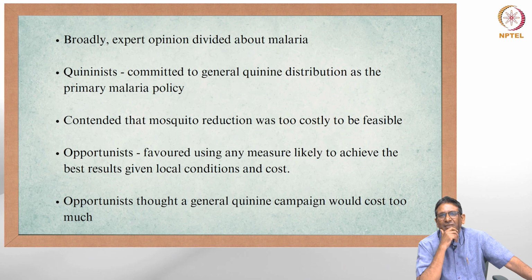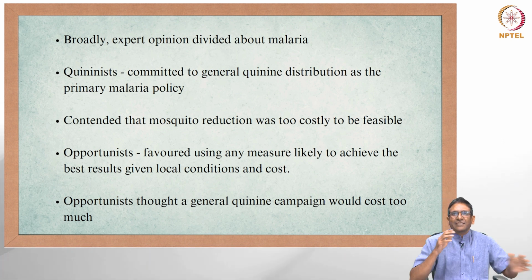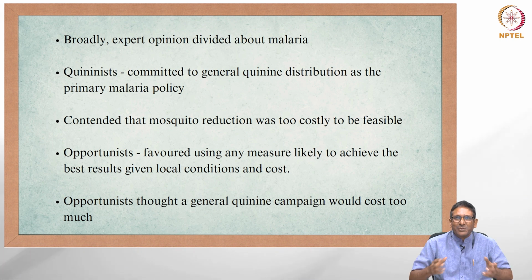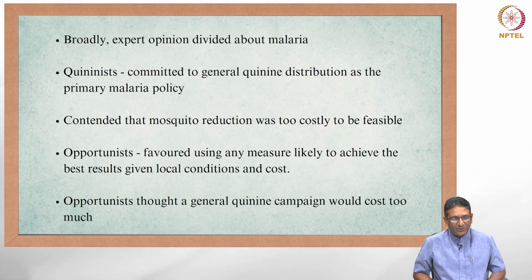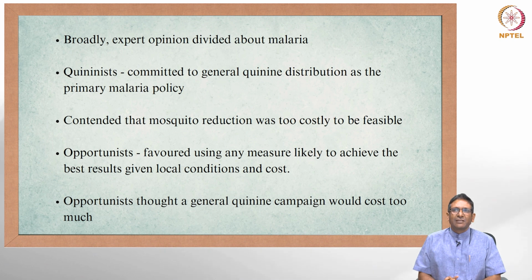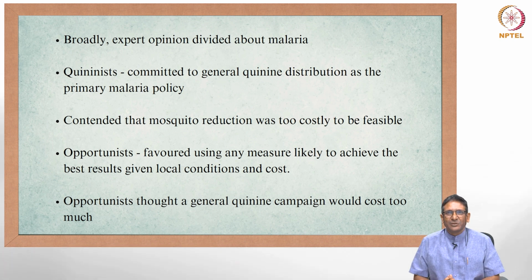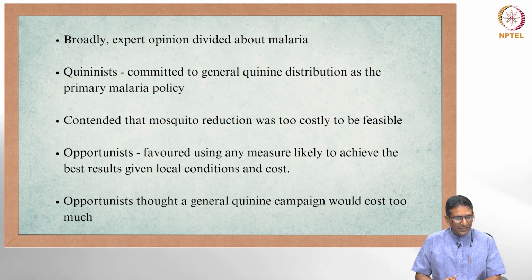They were focused only on the acquisition, supply, price management, and distribution of quinine. This was all that they were interested in, because they kept repeating that mosquito eradication was impractical, too complicated, not feasible, and of course costly.